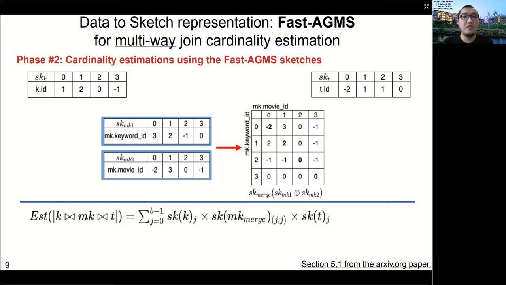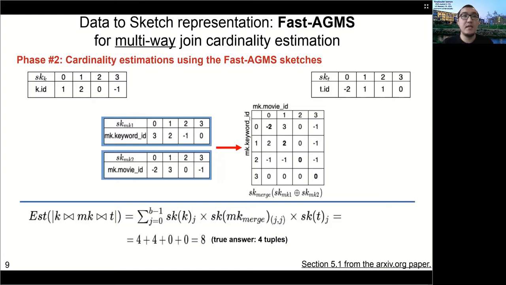Therefore, the estimation for multi-way join is the summation of all element-wise multiplication of the participating sketches. In the example, Compass estimates the join between K, MK, and T as 8, where the true result is 4.